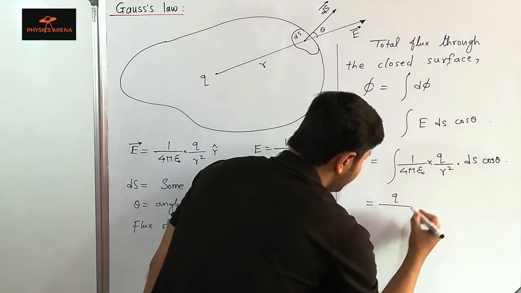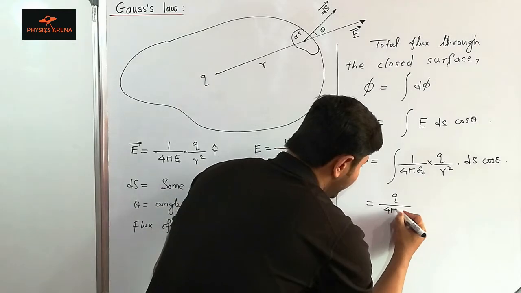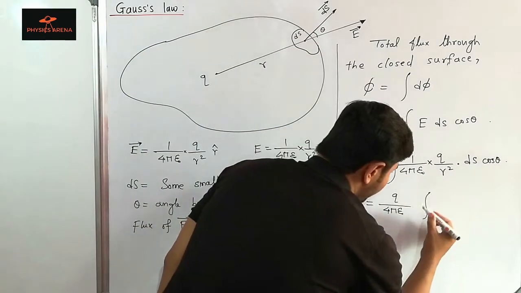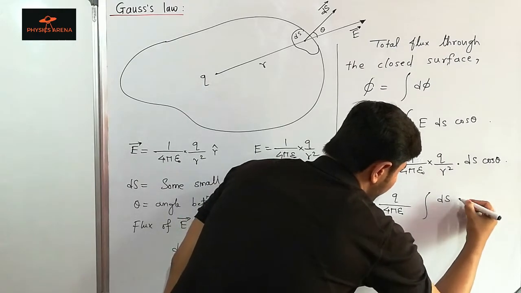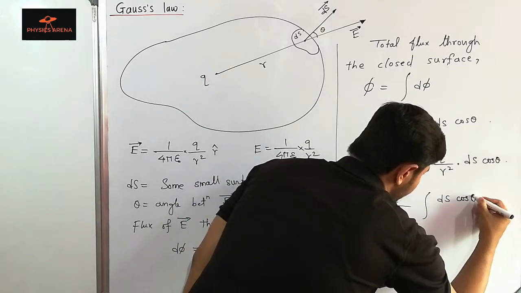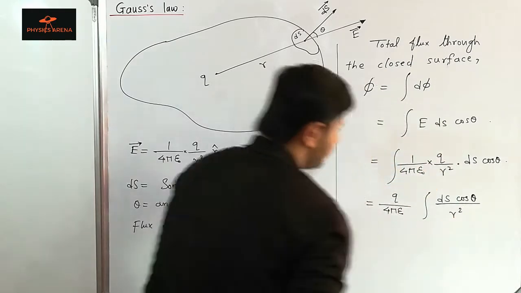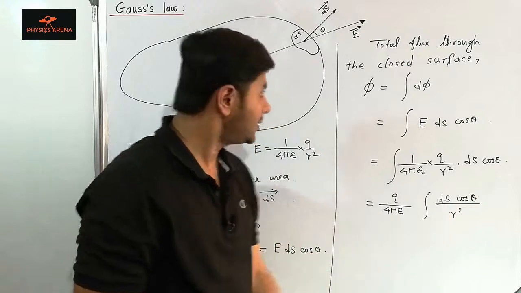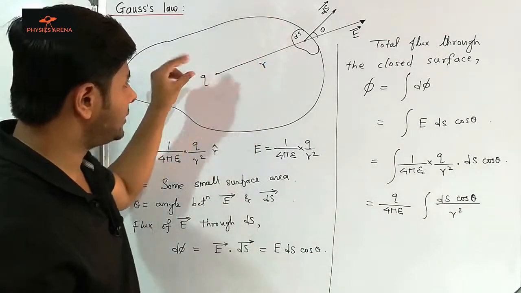So we have Q divided by 4 pi epsilon naught. Then what we are left with is ds cos theta divided by r square. Now this is not a constant, since the magnitude of ds can change.